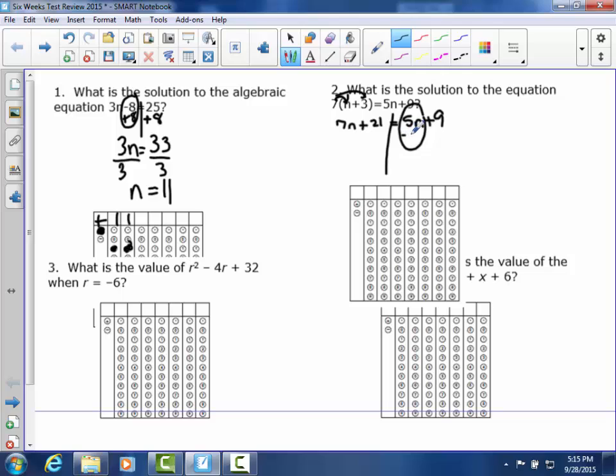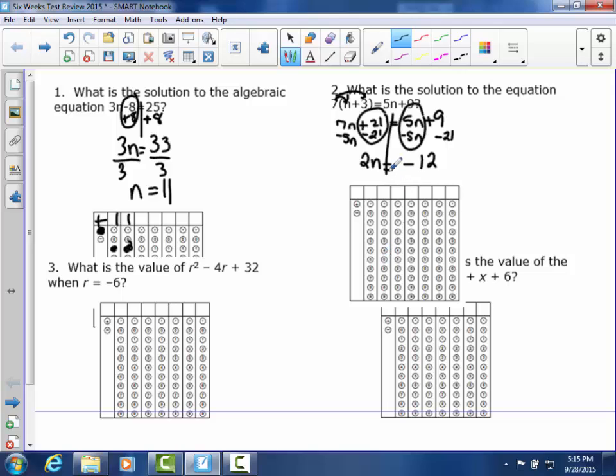So I'm going to subtract 5n. Okay, so I subtract 5n here. Since I chose for my n's to be only on the left, my numbers, my constants, need to be on the right, so I'm going to have to subtract that 21. Okay, and I end up with 2n equals negative 12.